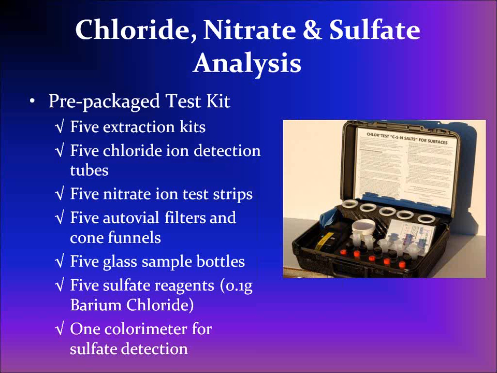The test kit includes 5 extraction kits, 5 chloride ion detection tubes, 5 nitrate ion test strips, 5 autovial filters and cone filters, 5 glass sample bottles, 5 sulfate reagent bottles, each containing 1/10 of a gram of barium chloride, and a color meter for sulfate detection. Replacement kits for all of the expendable items are available. Naturally, the color meter is multi-use.